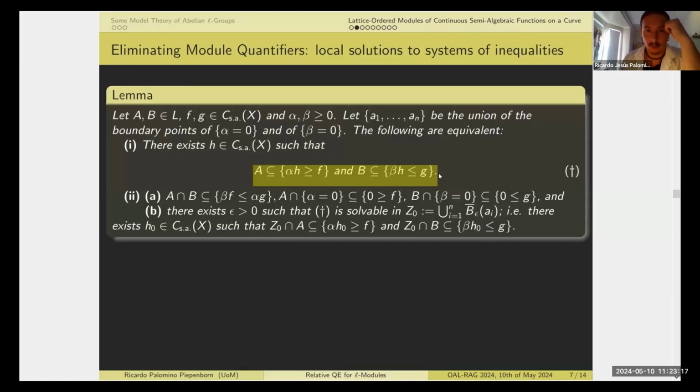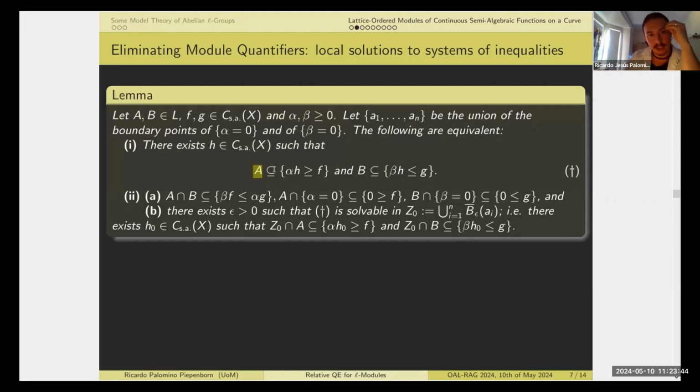So this formula, what is this? Well, I have here an inequality. I have another inequality. So this is really a system of inequalities that I want to solve on some zero sets, on some closed and semi-algebraic subsets, right? So this is about solving a system of inequalities on zero sets.